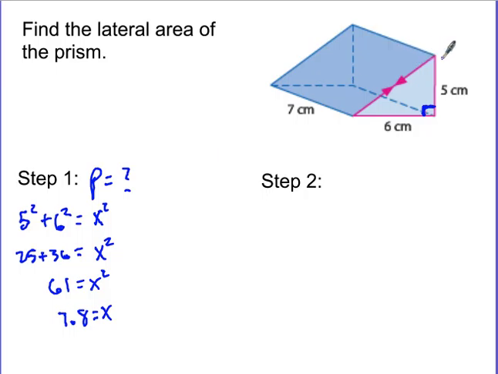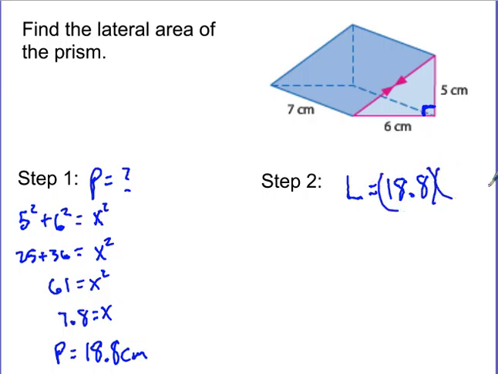Now we can find the perimeter. The perimeter is going to be 5 plus 6, which is 11, sorry. And 11 plus 7.8 would be 18.8. So perimeter equals 18.8 centimeters. Step 2, lateral area equals perimeter, which is 18.8, times the height. What's the height? 7.